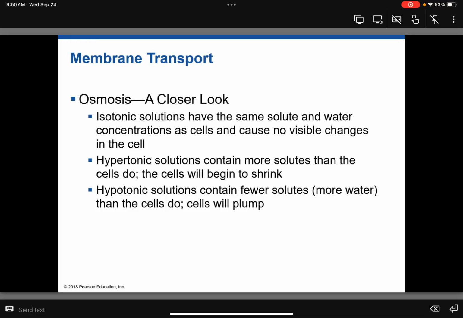If hypertonic means there's too much, hypotonic means there's not enough, right? Or there's fewer. So hypertonic means there's a lot of dissolved salts or dissolved substances in it. Hypotonic means that it does not have a lot of dissolved substances in it. And then isotonic means equal.